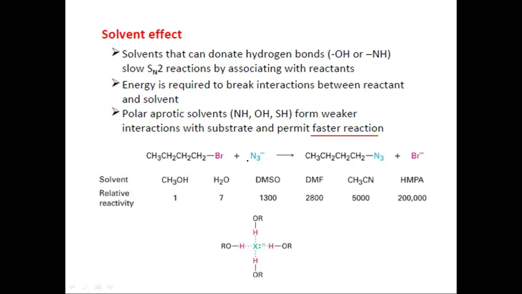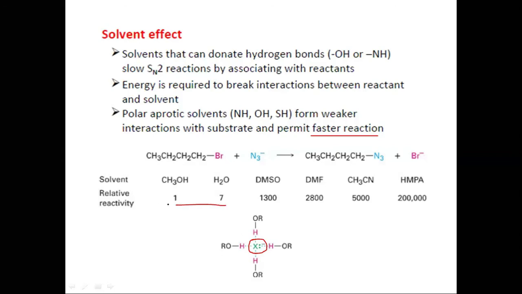The same substrate once again, and the solvent reactivity has been discussed here. There are the same values, and X minus is the nucleophile, and usually if you are using a polar protic solvent, the nucleophile will be stabilized by hydrogen bonding interactions with the polar protic solvents.